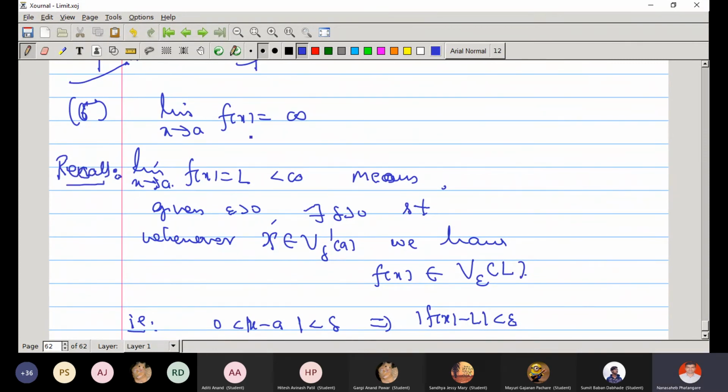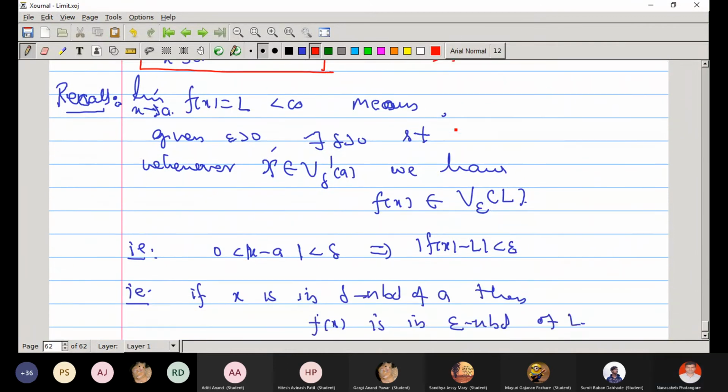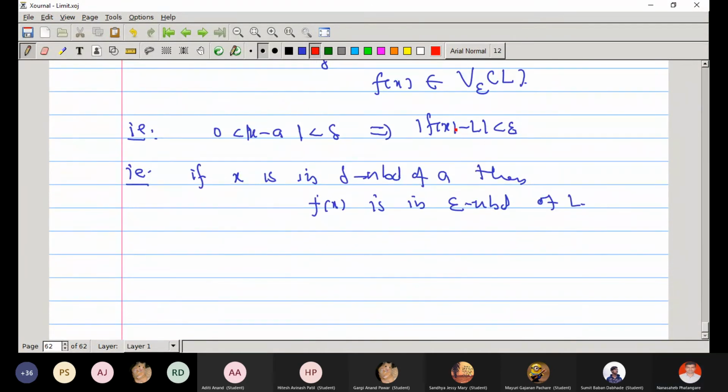This is our understanding of limit. But now we are thinking about what is the limit of a function if it is infinity. So we want to understand this, right? If the limit is a finite number, that is fine. Now, what do we need to understand before understanding that the limit is infinite?